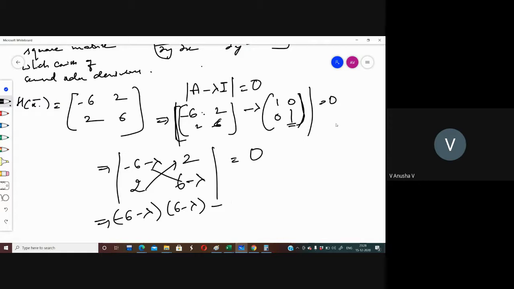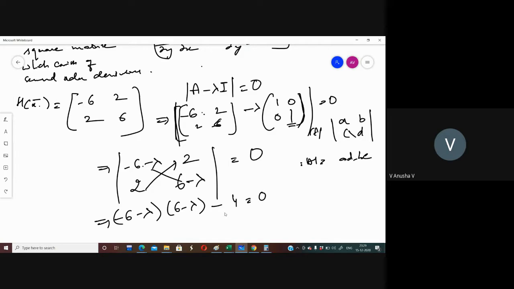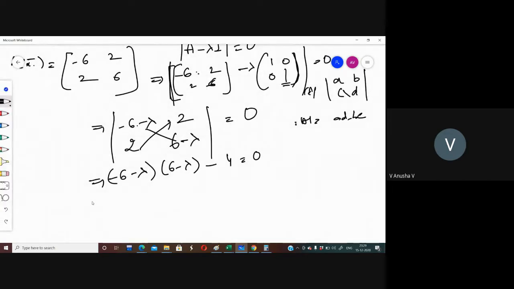We already know that if this is a matrix A, B, C, D, the determinant of a 2 by 2 matrix is AD minus BC. That is what I have done here. I multiplied 2 and 2 to get minus 4 equals 0. So we need to solve this. First it will be minus 36 plus 6 lambda minus 6 lambda plus lambda square minus 4 equals 0.